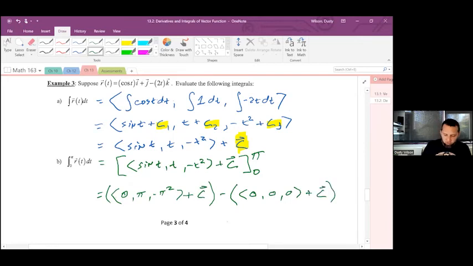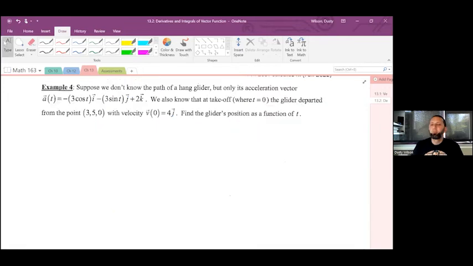We'll notice that you have a plus c vector minus a c vector, and so those are going to cancel just like they have in the past. And we're left with just the vector 0, pi, negative pi squared. That's how you evaluate a definite integral of a vector valued function.